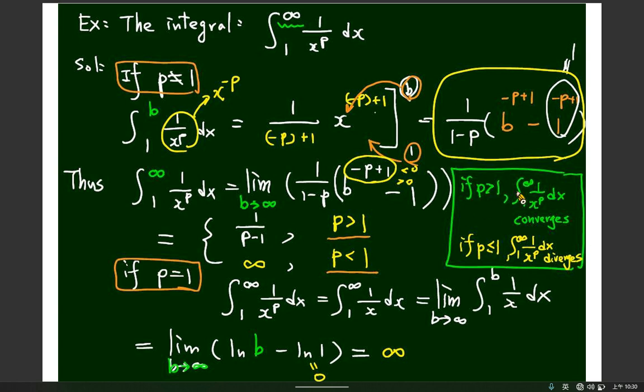If p is larger than 1, the integral from 1 to positive infinity of 1 over x to the power p will converge. If p is less than or equal to 1, then this improper integral will diverge.